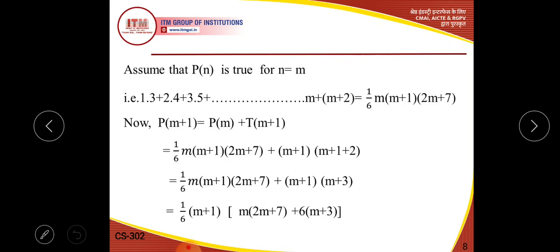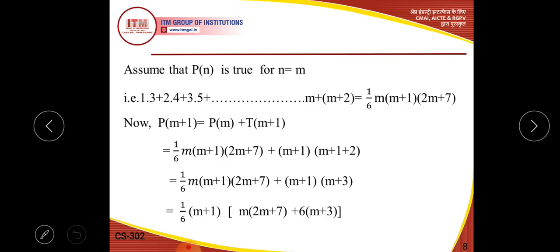Assume that P of n, the statement, is true for n equals m. In the second step, you have to assume this statement is true for n equals m. Now we have to check this statement is true for n equals m plus 1 or not.